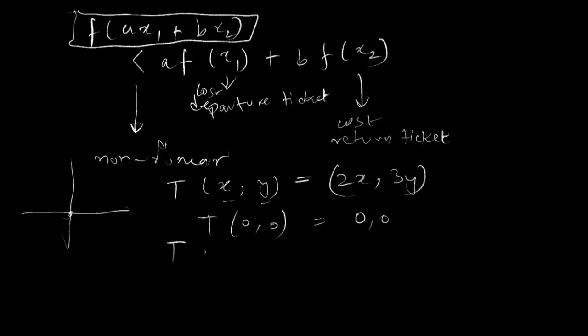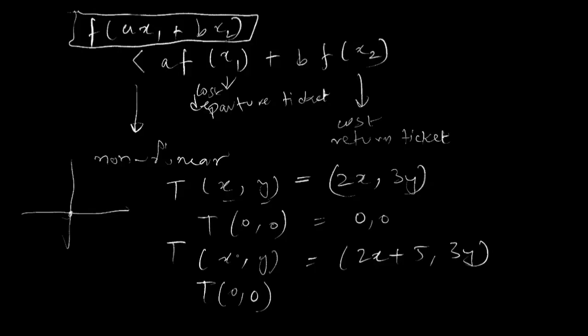But if you have T(x,y) equal to, let's say, 2x plus 5, 3y, then T(0,0) is shifted. Because this is now equal to 5 0, as if the whole graph shifted.